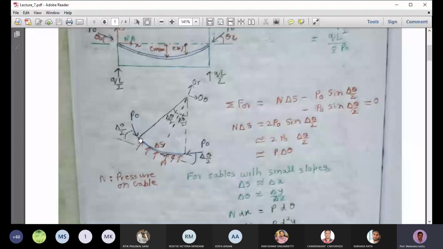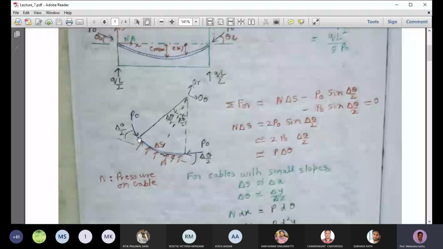Since it is a curved cable, we are plotting it like this, and we have that force P naught on this end, and the other side will have the same force P naught, because there is no loss of pre-stress in the cable. Whatever stress is here, the same stress is transferred along the cable.